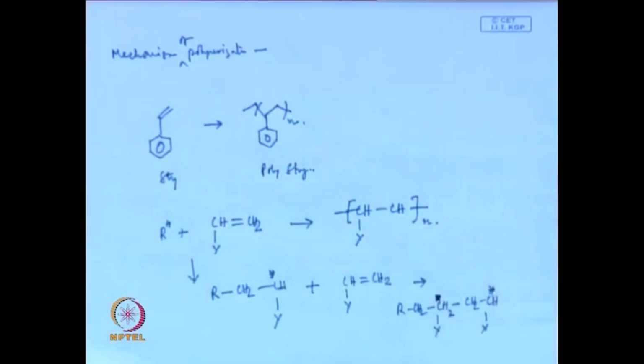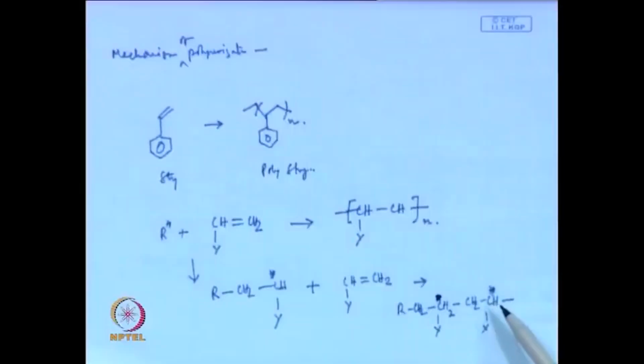Don't consider this dot. So, how is this polymer getting formed? You have an active center on which the next monomer is getting added, and the third monomer will be added in there. So, you have this type of polymer getting formed in a chain reaction.